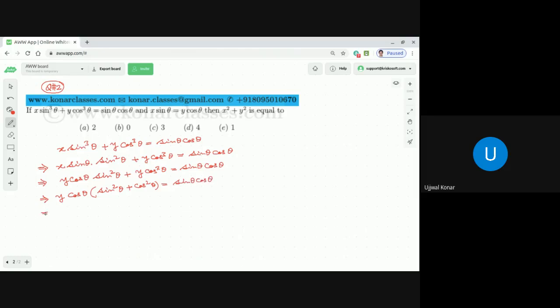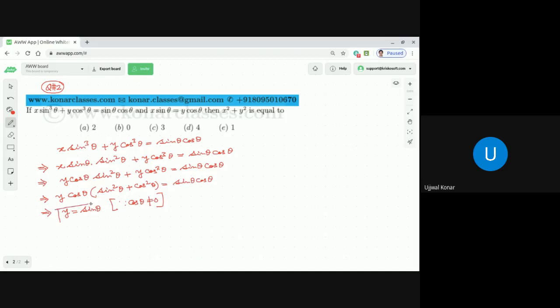And we know sin square theta plus cos square theta is equal to 1. Okay, so what we get from here, we get y is equal to sin theta, since cos theta is not equal to 0.